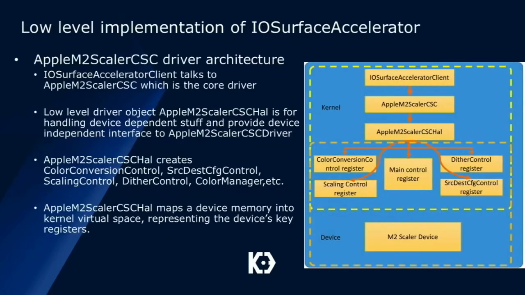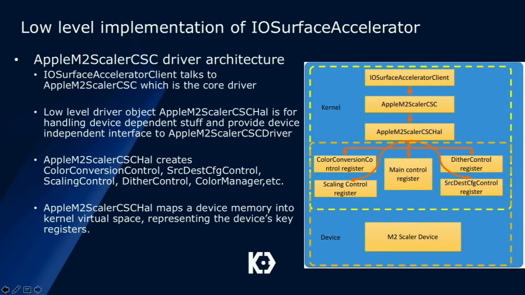And here is the low-level implementation of the IOSurfaceAccelerator. On the top side, you can see there is an object called IOSurfaceAcceleratorClient. The next component is the AppleM2ScalerCSC, which is an upper-level driver, and it talks to the HAL, which stands for hardware abstraction layer.